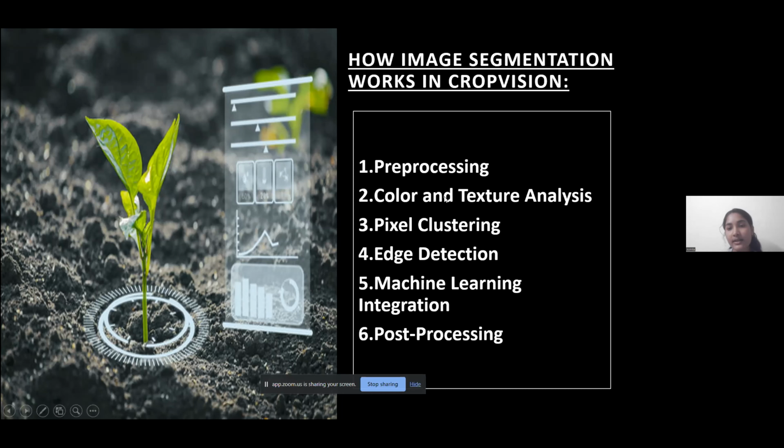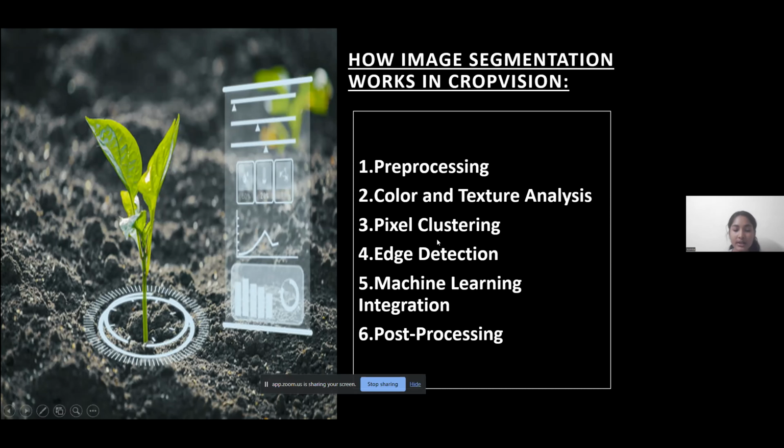Then it does color and texture analysis, in which the software analyzes the color and texture variation in the image. Different crops often exhibit variation in their size and their texture. Then it does pixel clustering.